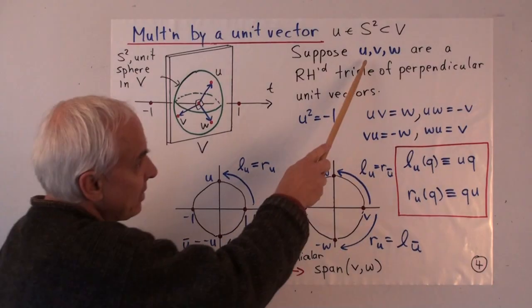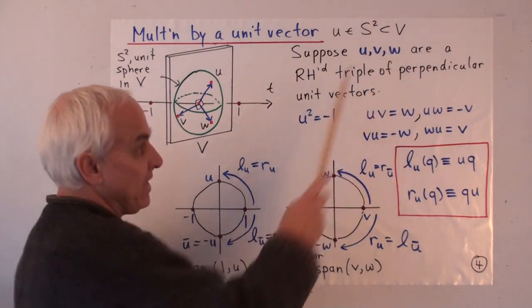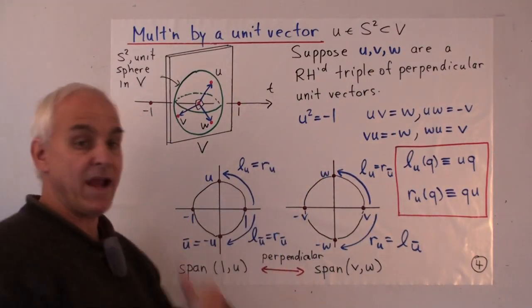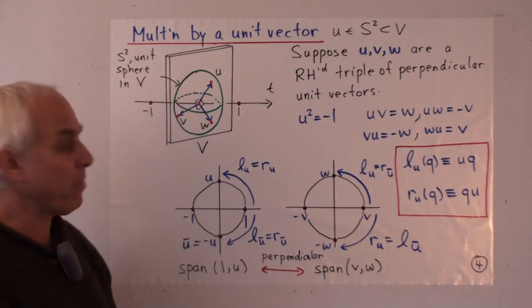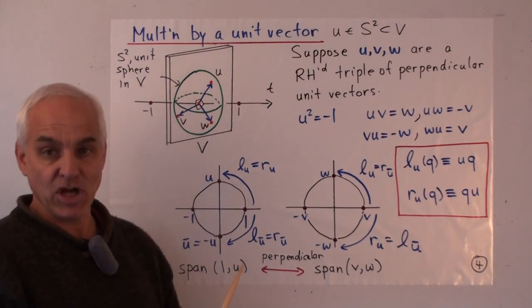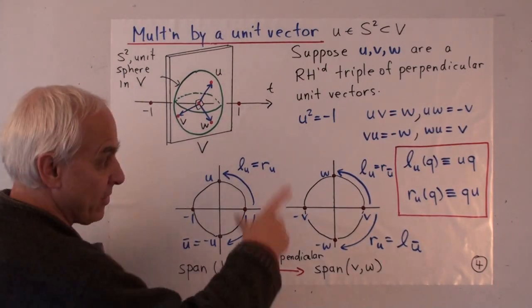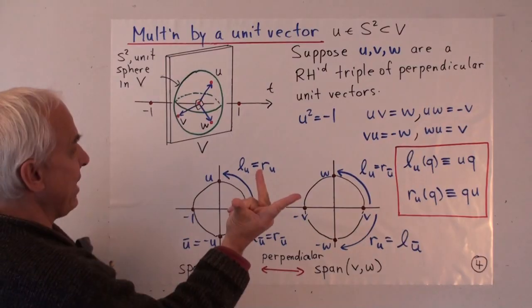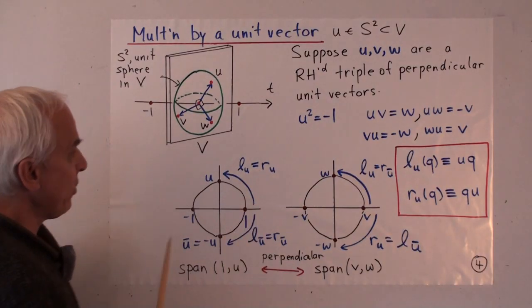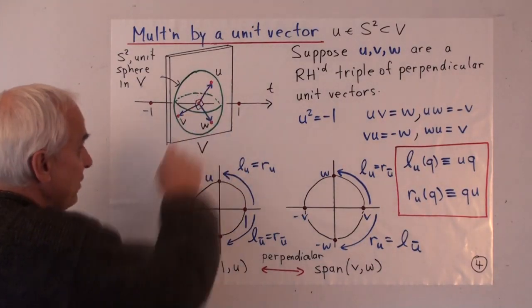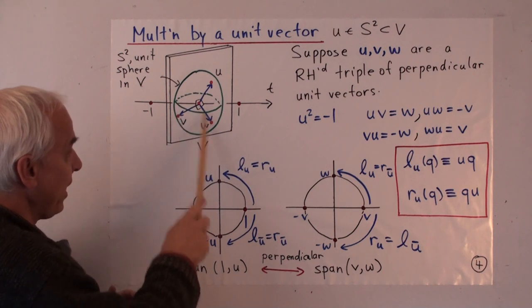And we'll suppose that we have two other vectors, v and w, so that the triple u, v, and w form a right-handed system of perpendicular unit vectors. So they're just like the i, j, and k system that we started with, but now in some more general position. So u is the first one, and then v, and then w.